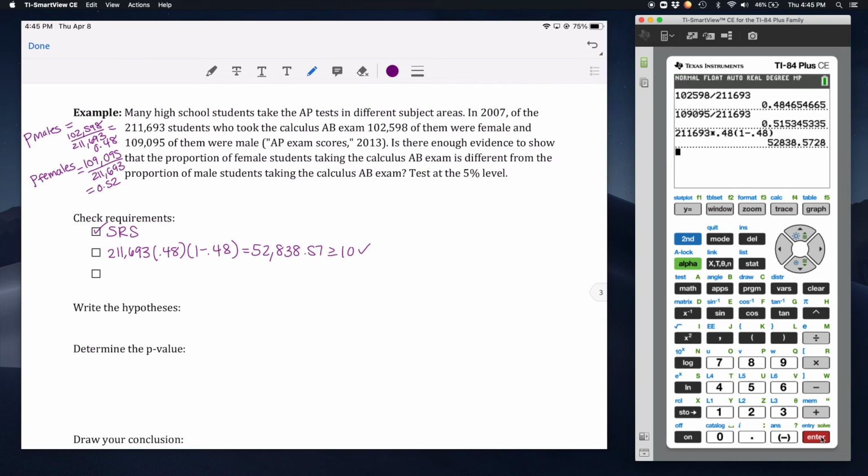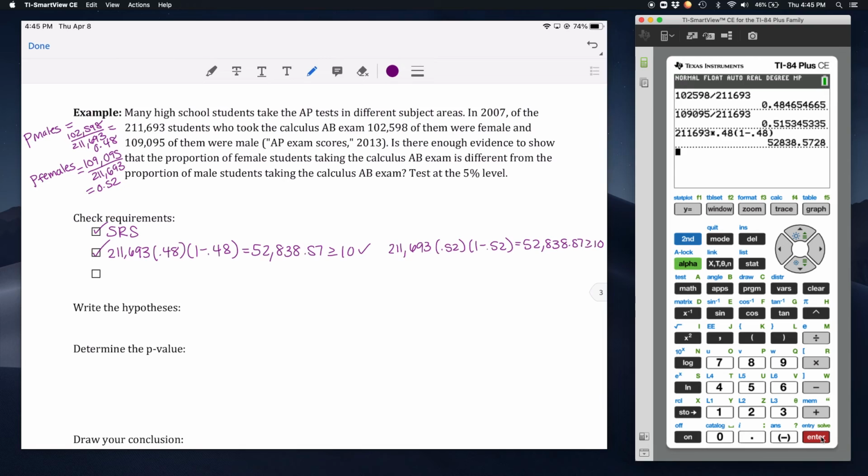The other one will actually give us the same number. I don't know if you realize this, but think about when we do 211,693, we're doing 0.52. And when you do 1 minus 0.52, that's the 0.48. So you end up with actually the same result. The 52,838.57 is greater than or equal to 10.